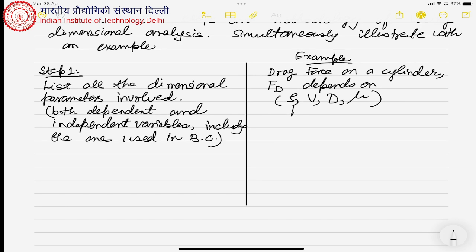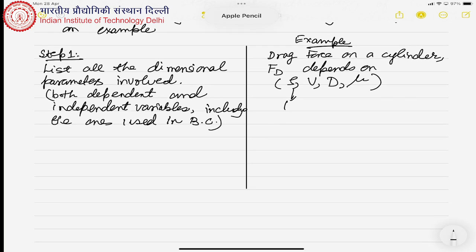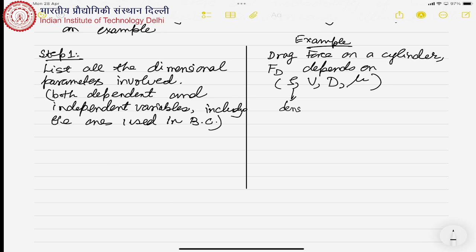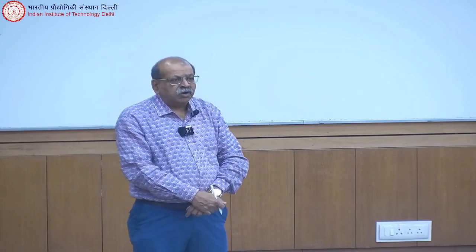So this is density, velocity, and in some problems, if density per se is not important, then instead of viscosity having the dynamic coefficient, we may have the kinematic coefficient, which is nu.